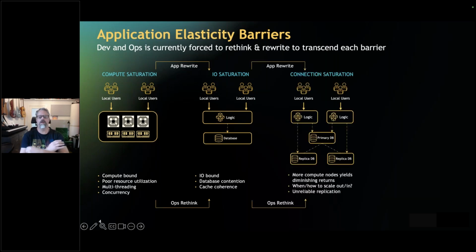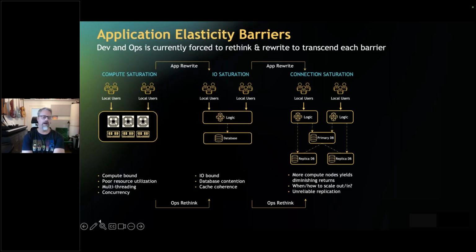The third thing we need to watch out for is what I call connection saturation. It's not the best term, but what I mean is that as you add more compute nodes, you often reach a point where more nodes yield diminishing returns, simply because even though you're adding more hardware resources, the communication and the replication between them can often eat up the value of all these new resources.